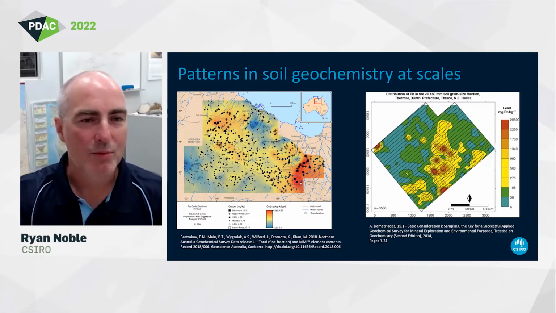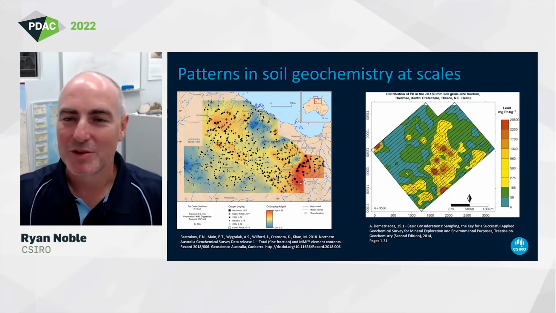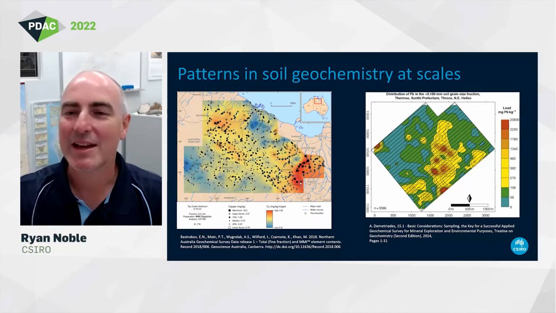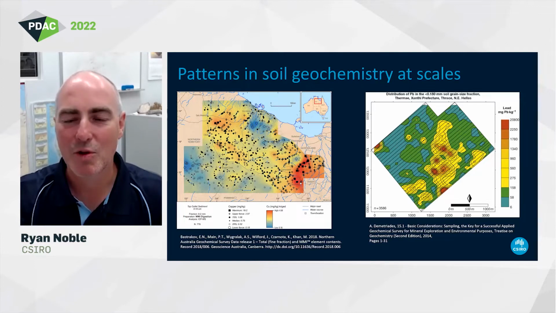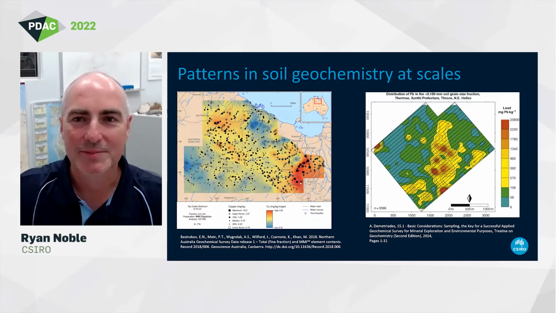So quite broad spacing, not necessarily a gridded sampling. And then on the right, you see Alekos Dimitriades, also a regional soil survey, but on a much tighter scale with a similar number of samples. And again, you see those observed patterns because you have that density of data that you can work with, even though that's only a few kilometres across.